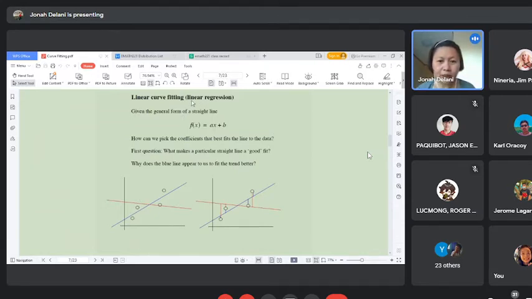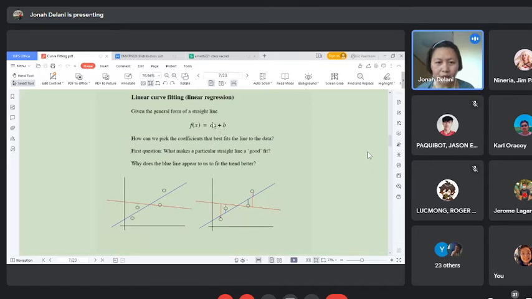Meaning, how do we generate an equation of the line for these points? So for example, we have these 4 points, and then we try to find a linear fit for these points. So our straight line has a general form, f of x equals ax plus b.